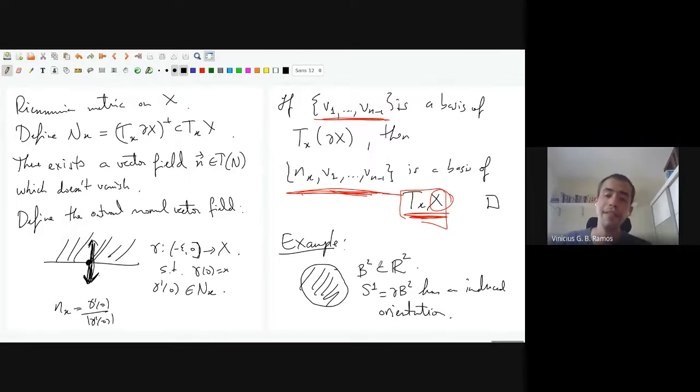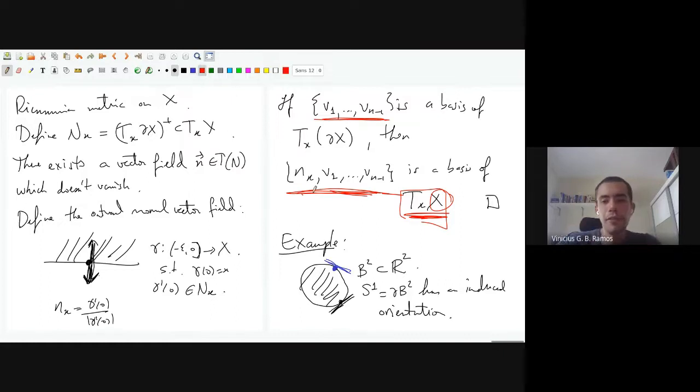And what is this orientation? Well, at every point of S1, I have a tangent space. And I need to basically tell you which direction is positive. So I have to tell if it's this direction or this direction. So how do we know which direction is positive, with the induced orientation? Well, you pick a point, and now I have to look at the outward normal.